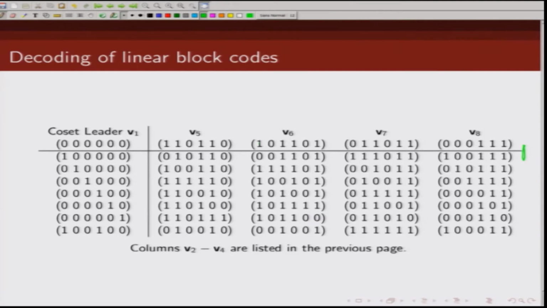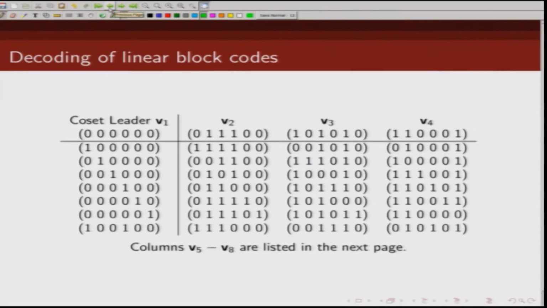So, 0 plus 1 is 1, 1 plus 0 is 1, 0 plus 1 is 1, 0 plus 1 is 1, 0 plus 0 is 0, and 0 plus 1 is 1. So, this is how you populate this entry, and we will keep on doing it until we have written all those n tuples here.